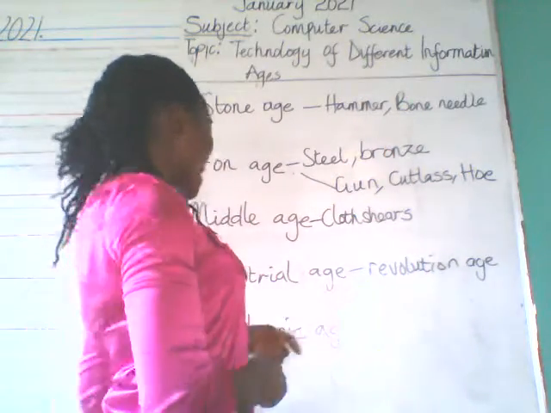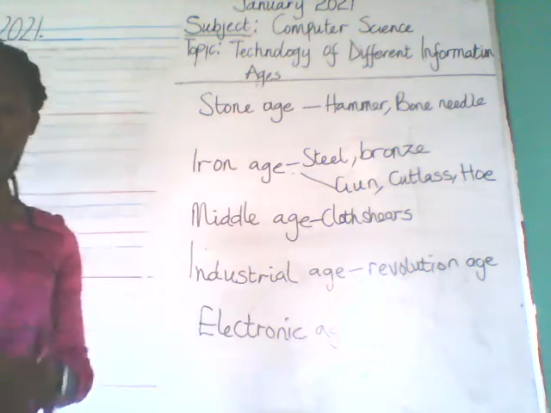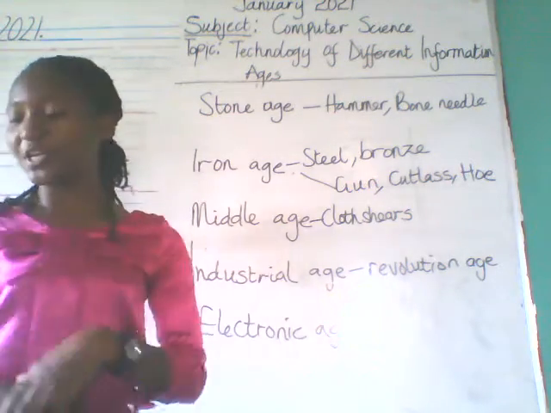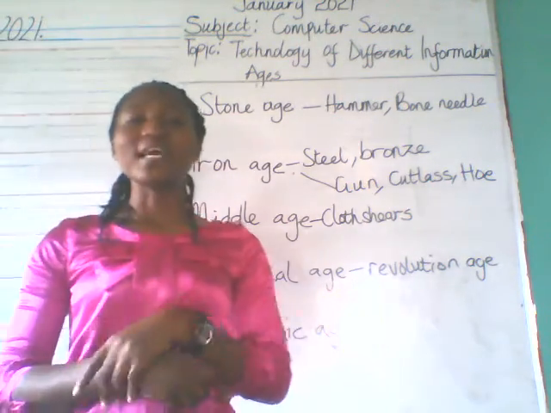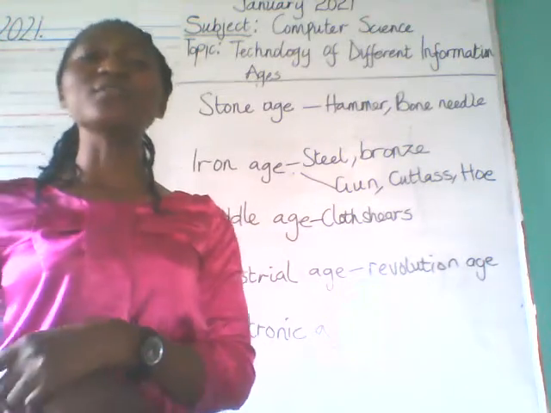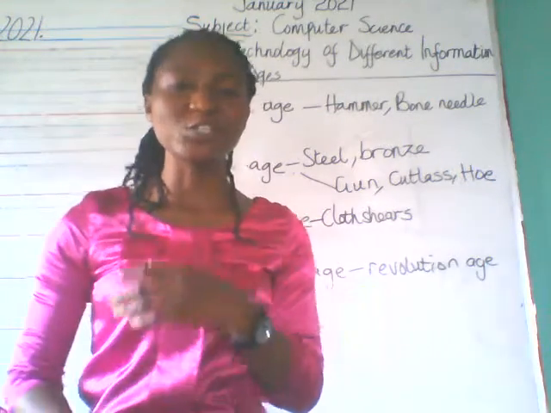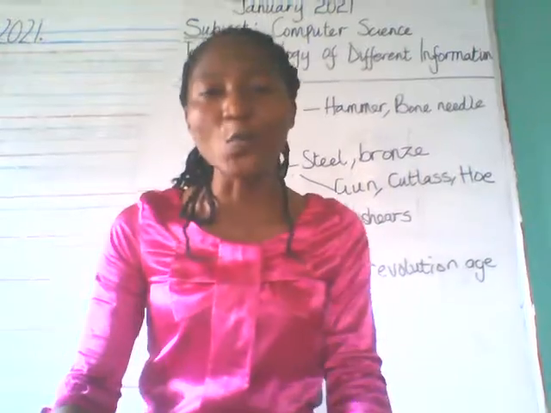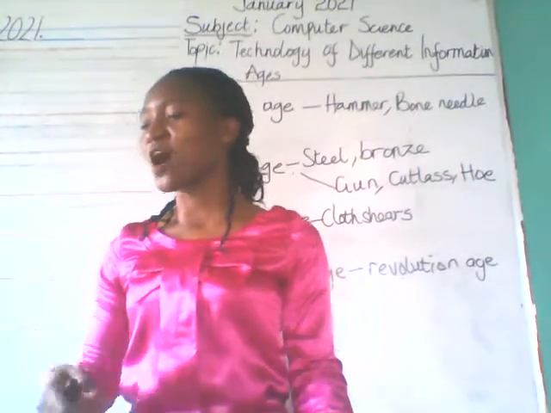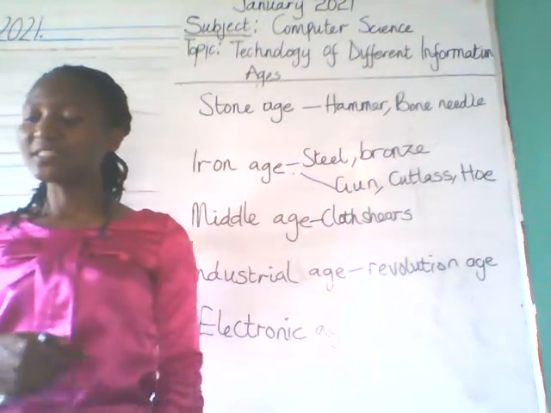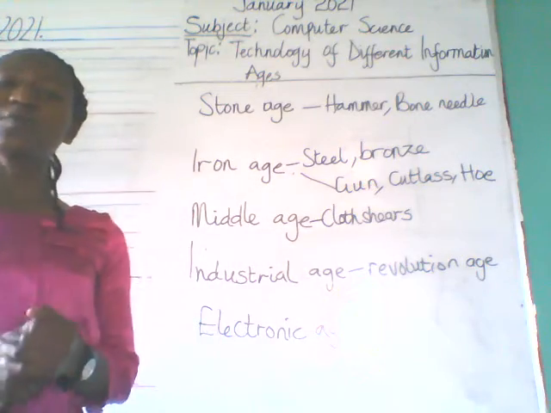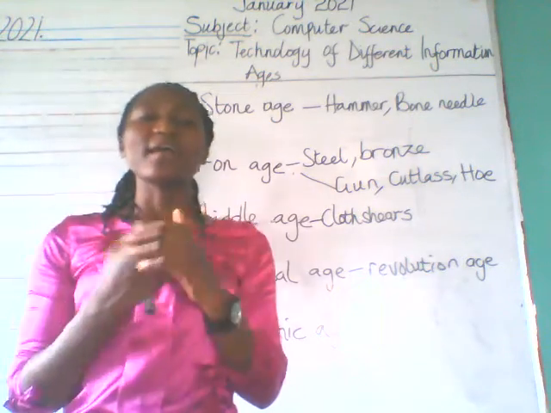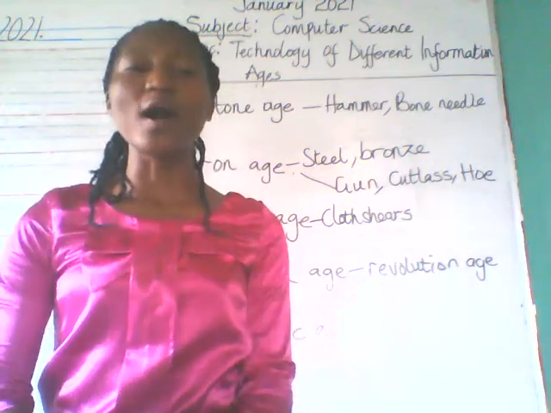Then the last one is the Electronic Age. In this Electronic Age, it led to the invention of machines. I said it led to the what? Invention of machines. And in this time, the computer came into being.